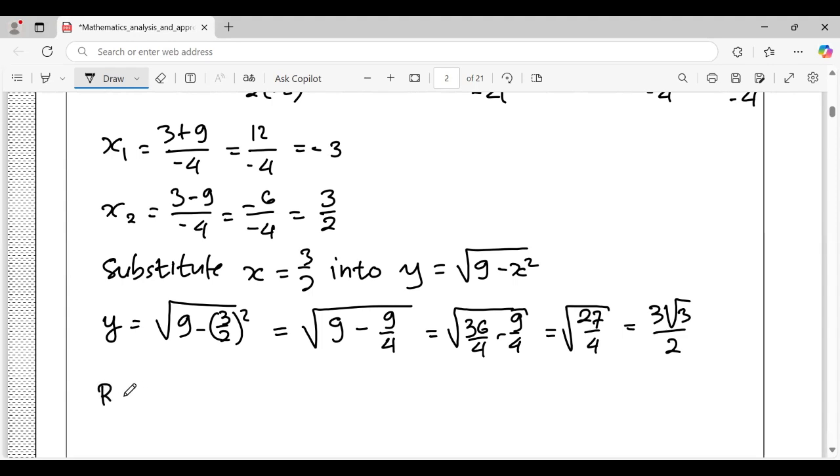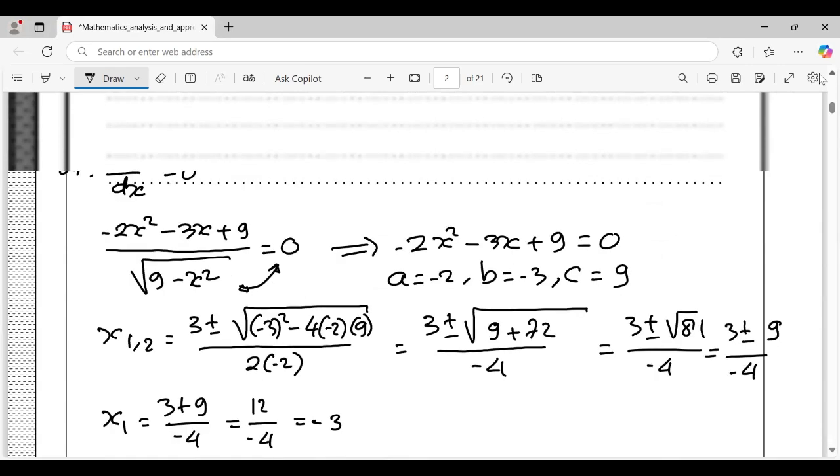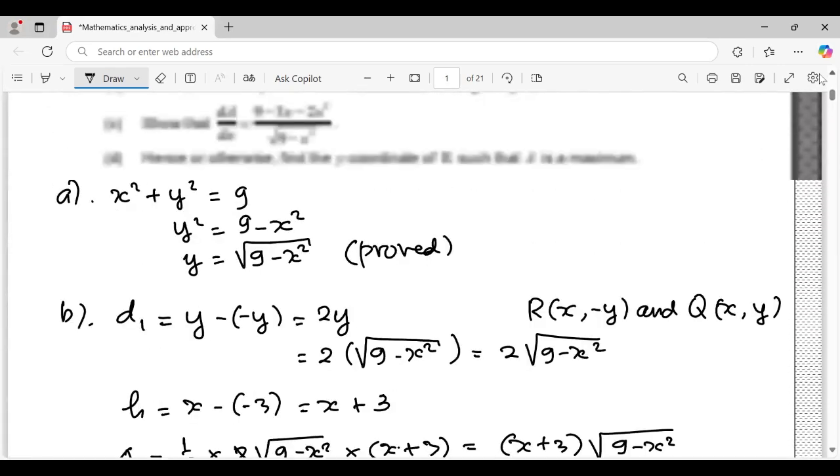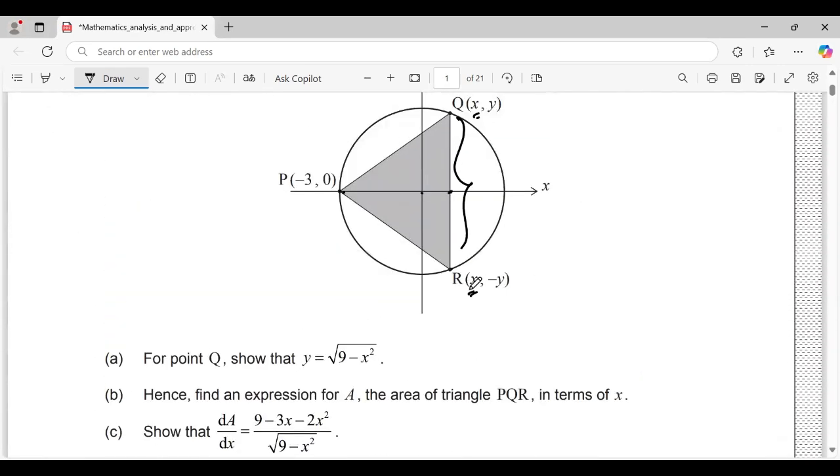Our R coordinate is x comma minus y. You can see in the diagram, this is the R coordinate x comma minus y.